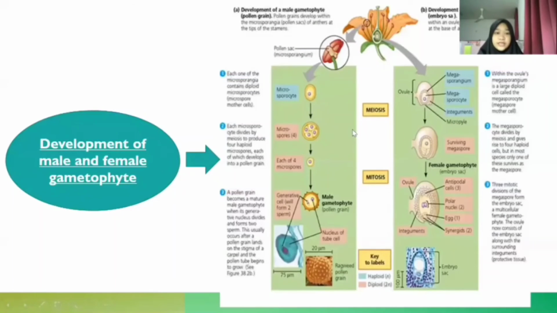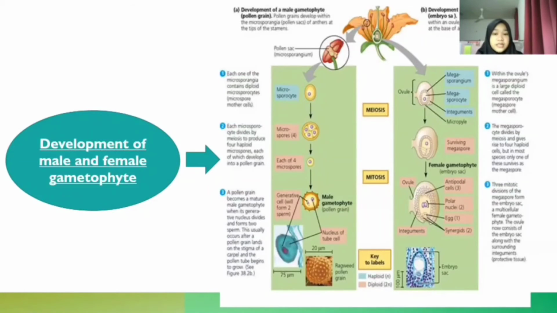In this slide, we are still going to talk about the development of the male and female gametophyte. Pollen grains develop within the pollen sacs of the anther at the tips of the stamen. The diploid microspore mother cell will undergo meiosis to form 4 haploid microspores. Each microspore will form into a pollen grain.